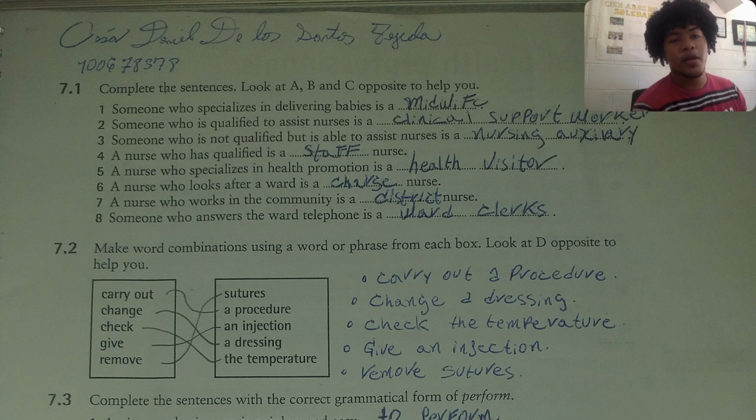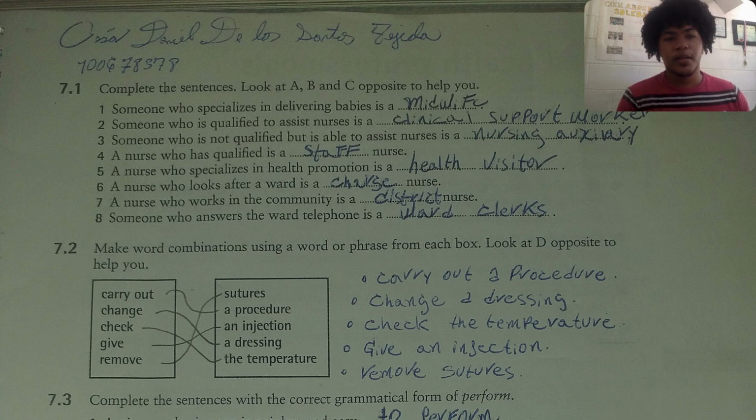Number 4, a nurse who has qualified is a staff nurse. Number 5, a nurse who specializes in health promotion is a health visitor.